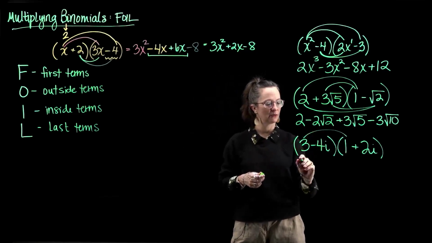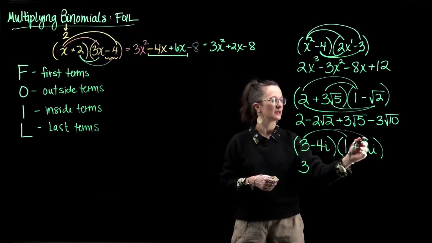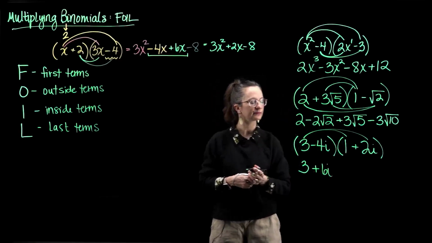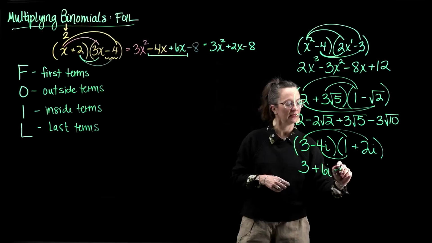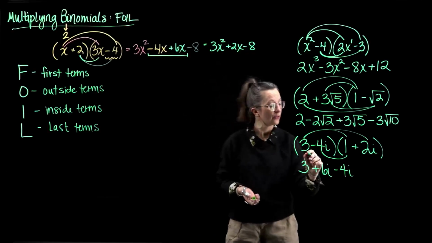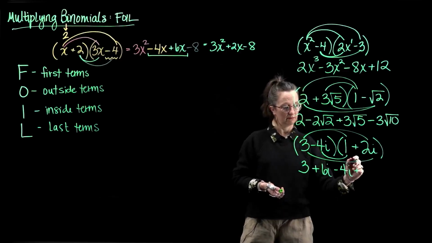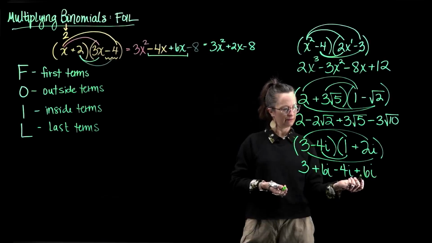First terms together, 3 times 1 is 3. Outside terms together, 3 times positive 2i is 6i. Inside, negative 4i times 1 is minus 4i. And then last terms, 3 times positive 2i is 6i. And let's see. I made a mistake there. Let's fix it.